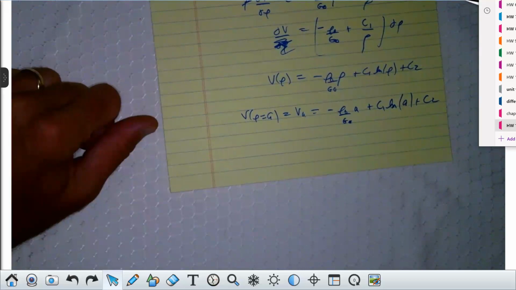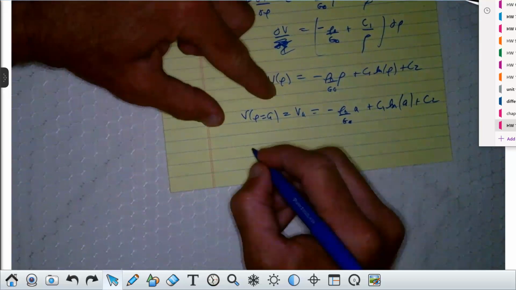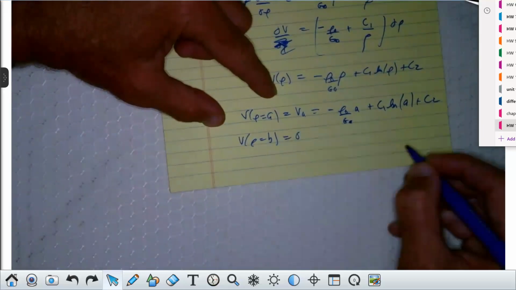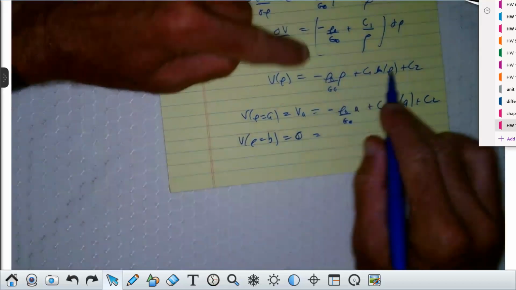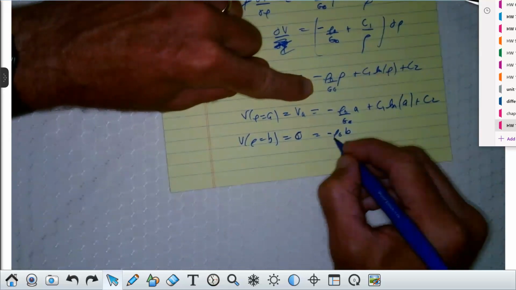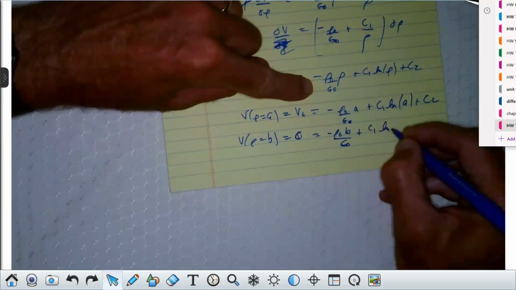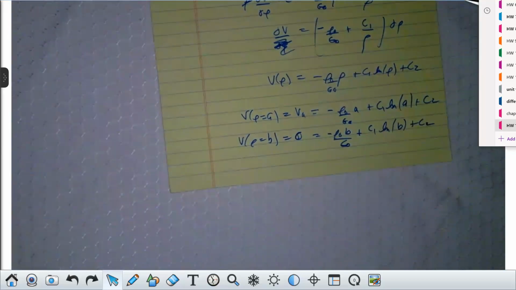Okay. Now, the outer, at radius B, it's zero. So then you say that V at rho equal B is equal to 0, right? And that's equal to, use this equation, minus rho naught B over epsilon naught plus C1 times the natural log of B plus C2. Y'all agree with me there?